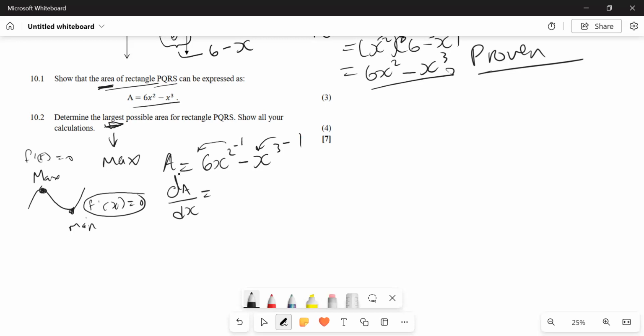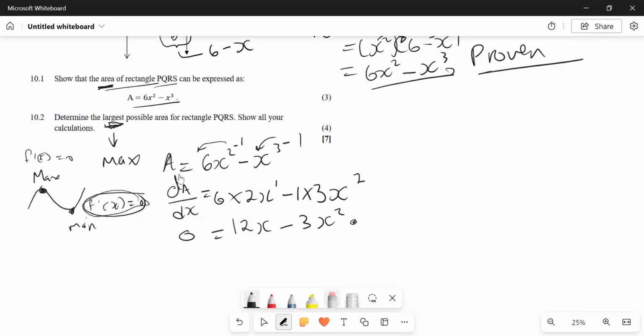So 6 times 2 gives 12, x to the power 2 minus 1 is x to the 1, minus 1 times 3, and 3 minus 1 gives 2. We end up getting 12x minus 3x squared, which is equal to 0. Remember I said the derivative should be equal to 0, and this is our derivative.